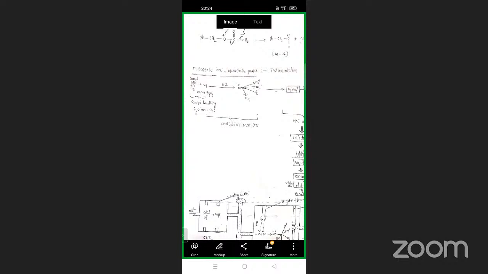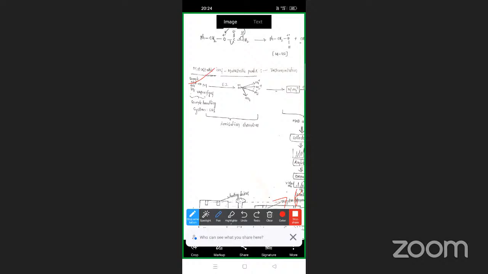It undergoes ionization and forms a molecular ion. All this conversion takes place in the ionization chamber. This is your ionization chamber.